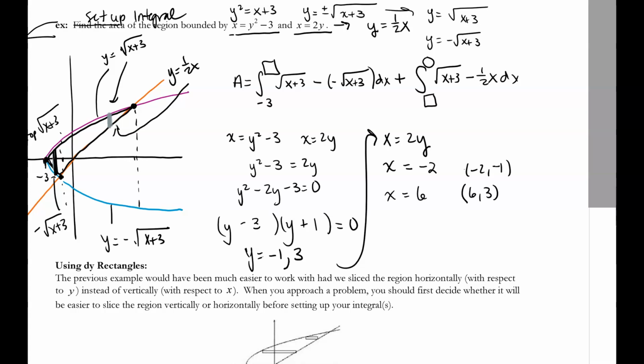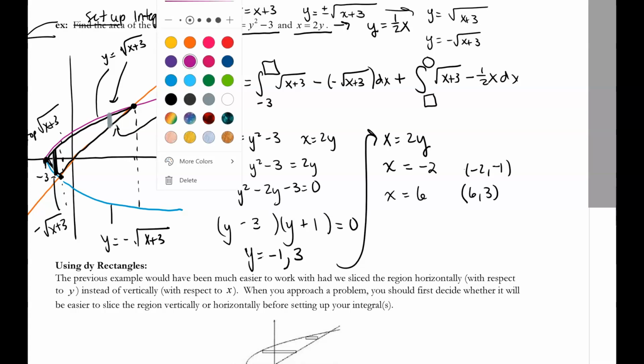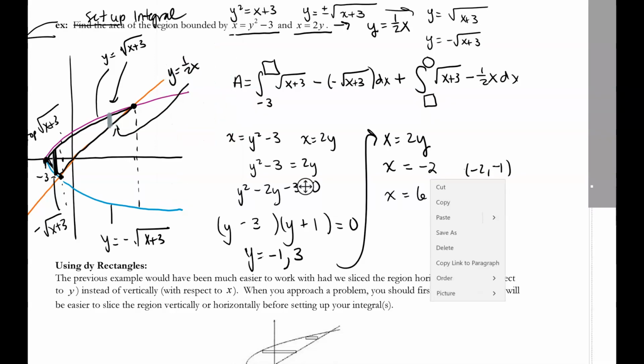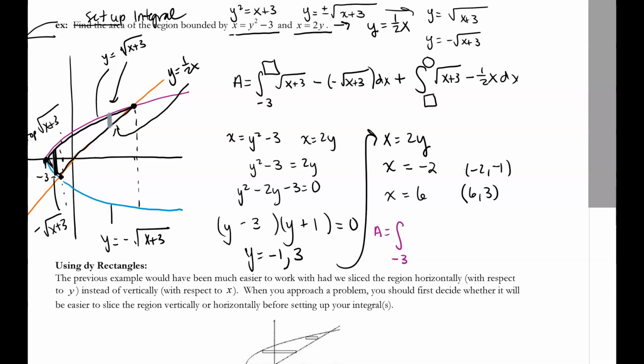So going back to the prompt, we said we're not actually going to work this one out for time because there's a lot of examples. The next one's more important than this one anyways, they're the same problem. What we could do is write that our area is the definite integral from -3 to -2, top minus bottom, the positive square root of x plus 3 minus the negative square root, and that's the same as just adding these together.